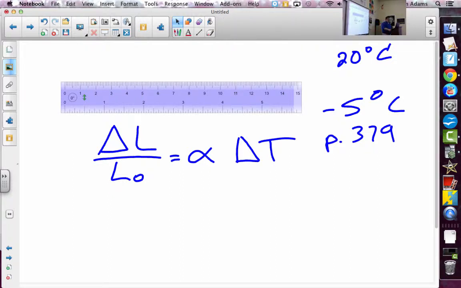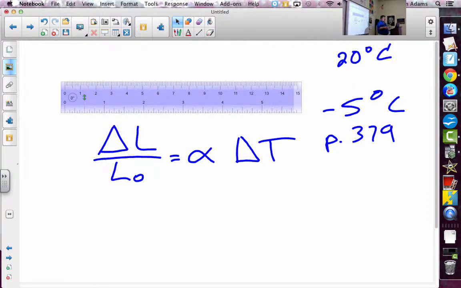Now, Mr. Adams is a physics teacher, so I've memorized what all those things mean. What does delta L represent? Anything with delta represents change, so that's the change in length. What does L naught represent? The initial length. What is delta T? The change in temperature. Good. What is alpha? Who remembers that?